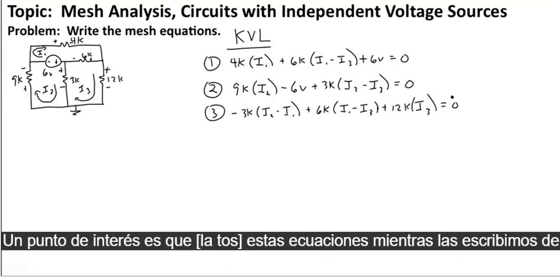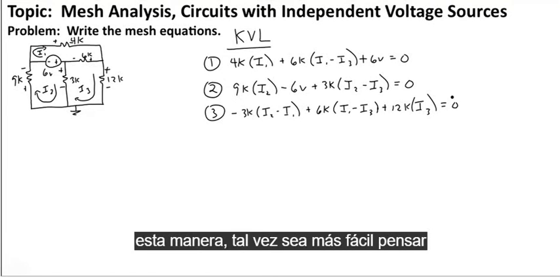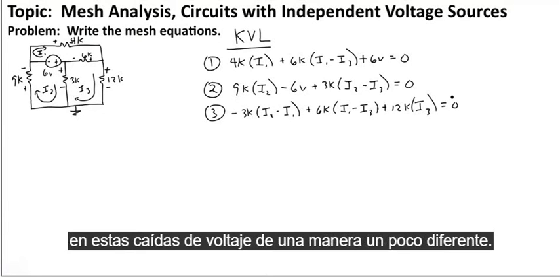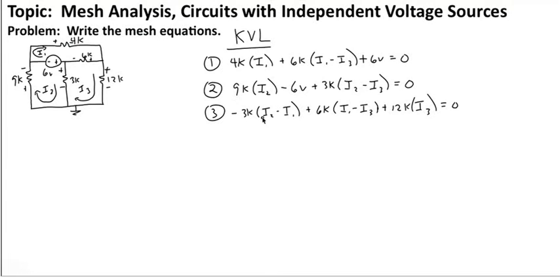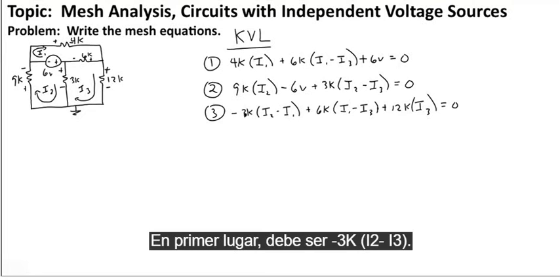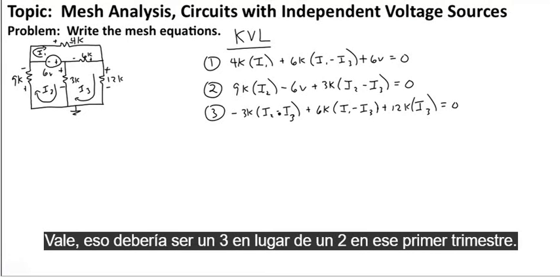A point of interest is that while we wrote these equations in this fashion, it's perhaps easier to think of these voltage drops in a slightly different way. If we look at the voltage drop in equation 3, it should be minus 3K times (I2 minus I3), with a 3 instead of a 1 in that term.